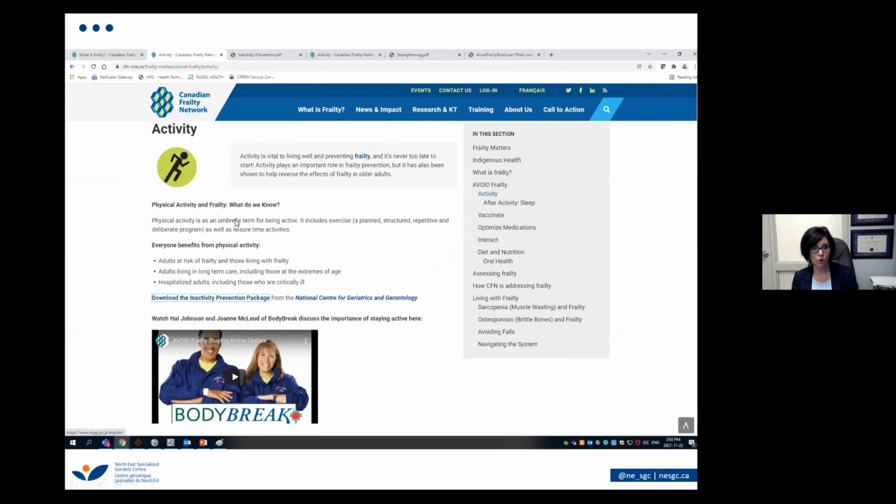If you go to activity, it clicks, and there are actually all these different activity packages. We used some similar things when people were housebound from COVID and we didn't want them getting deconditioned. There are some very accessible exercises in there. So lots of different resources that you can use for your patients.